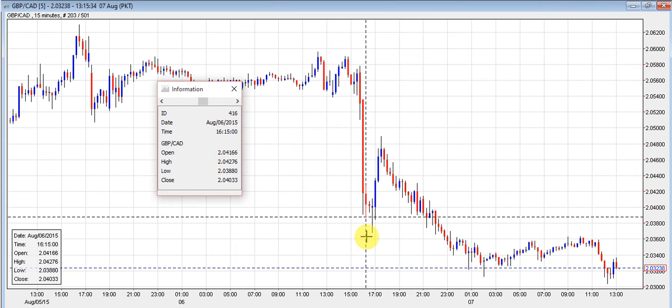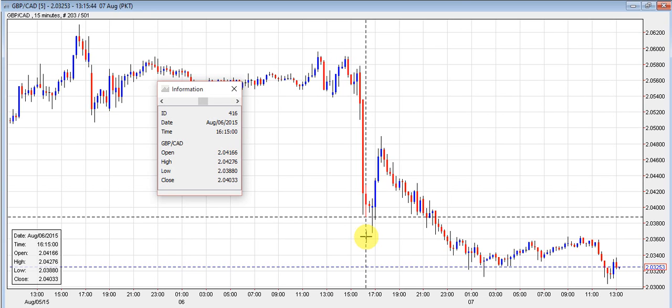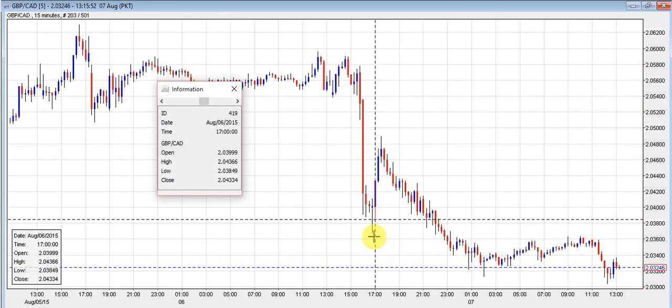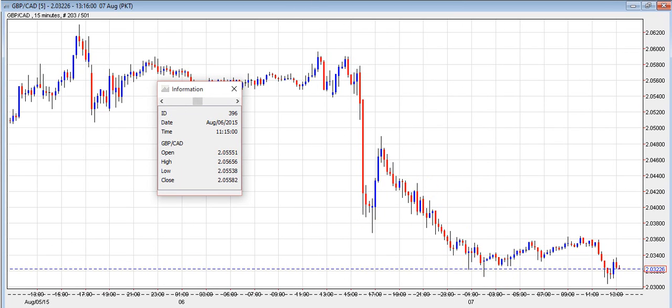It bounced back up to, well, the low was actually 2.03910, and the high being 2.4276. So enough pips. And then this is here 36, and then went up for about 48.90. So almost done about 90 pips before it starts tracking down on the lower side.